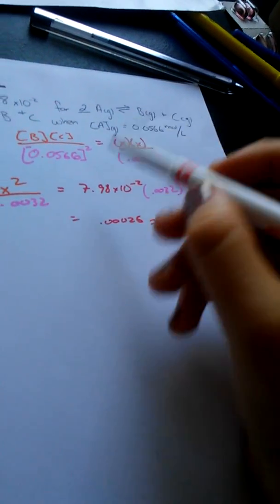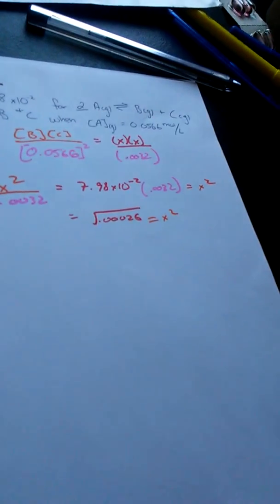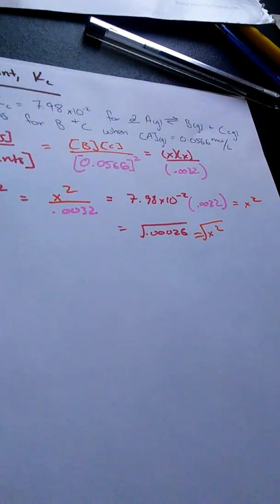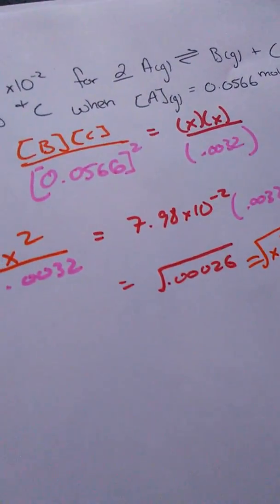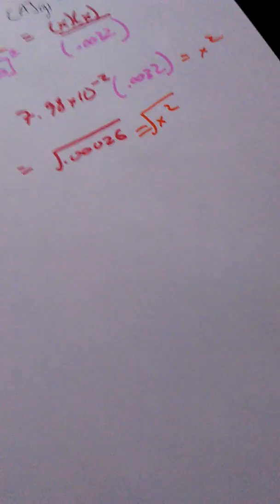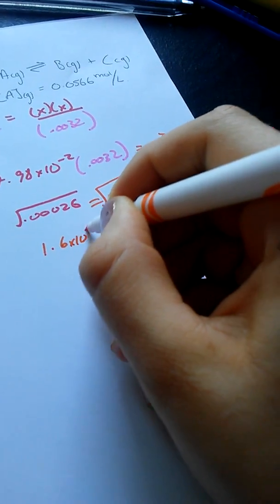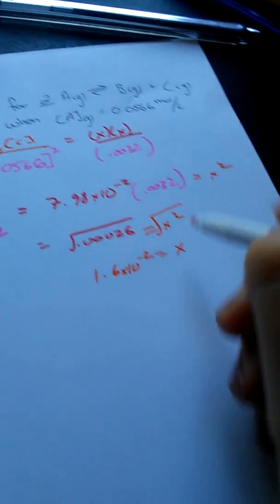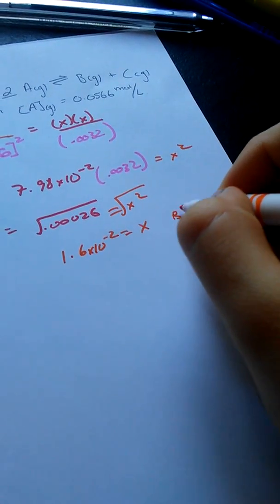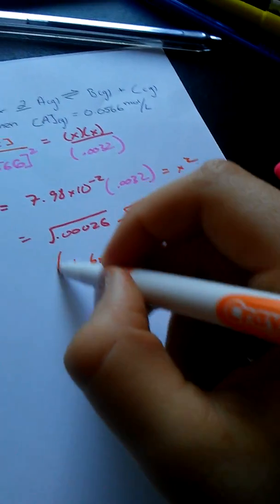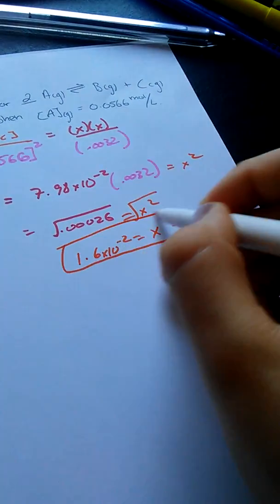So now you just get the square root of each, and we are left with x is equal to 1.6 times 10 to the negative 2, and x is going to be the concentration of B and the concentration of C, and that is our answer.